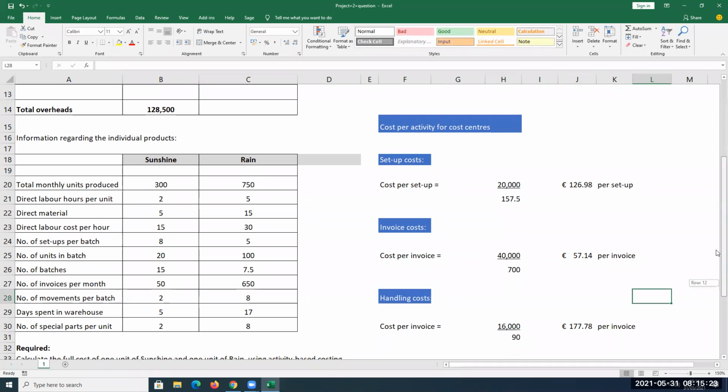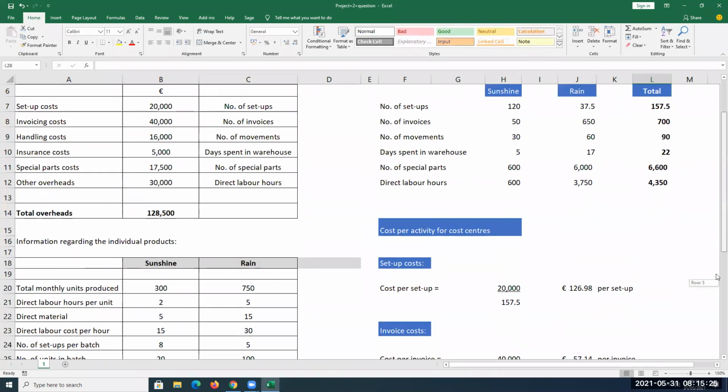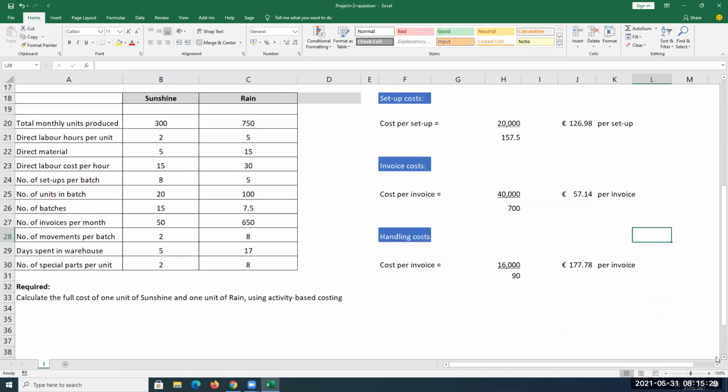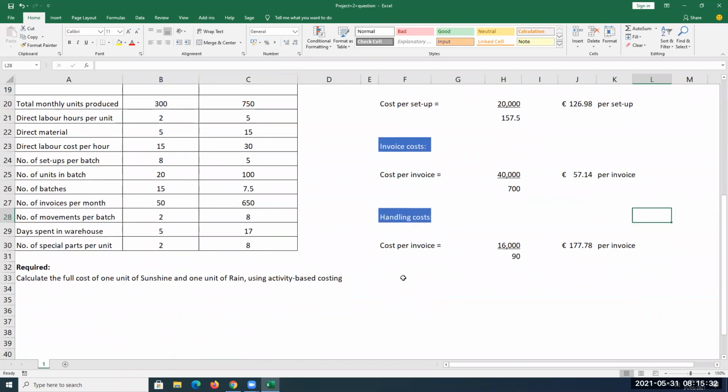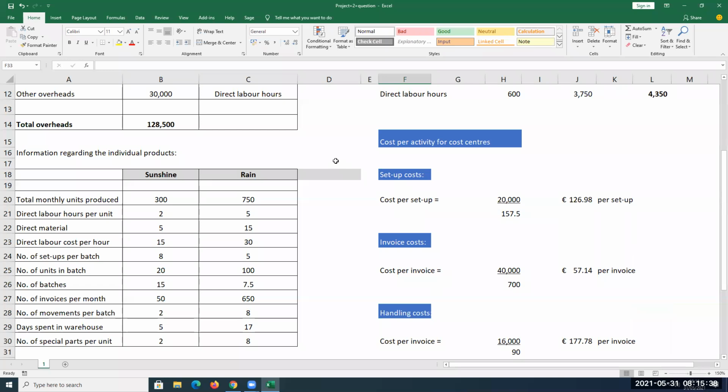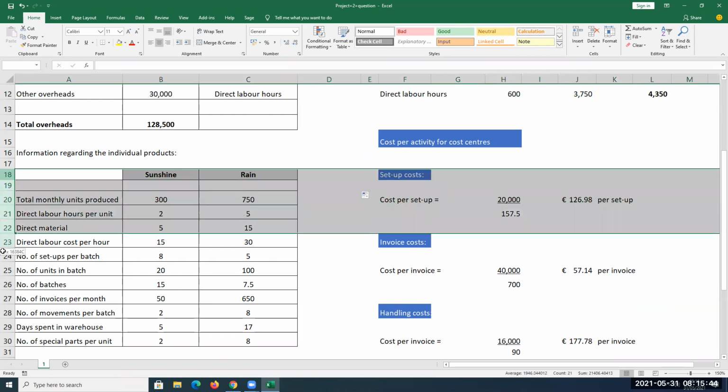Okay, next is insurance cost. For the time being, I'm just going to hide this information so that we can see the table.